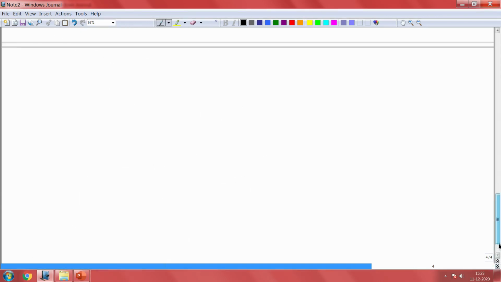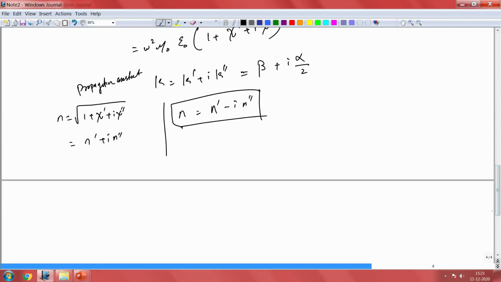Let us pick up a very simple optical wave that is propagating along the z direction. One can write that as e to the power i(beta z minus omega t). This is something we already know. Beta is your propagation constant.